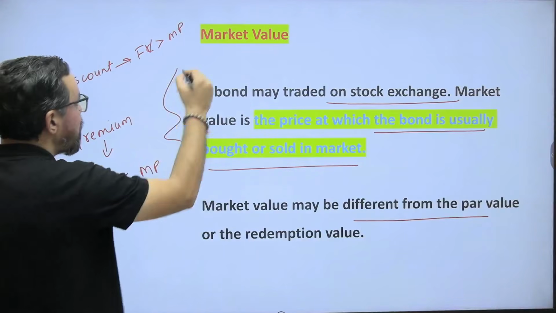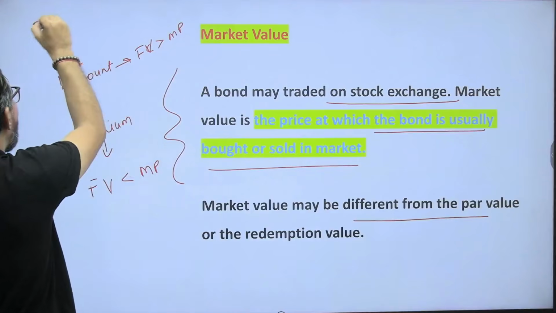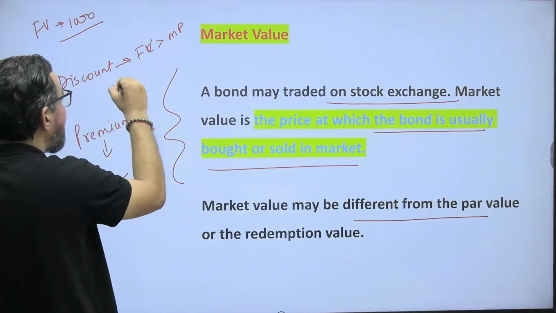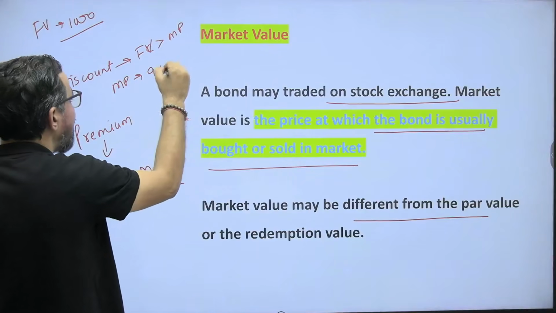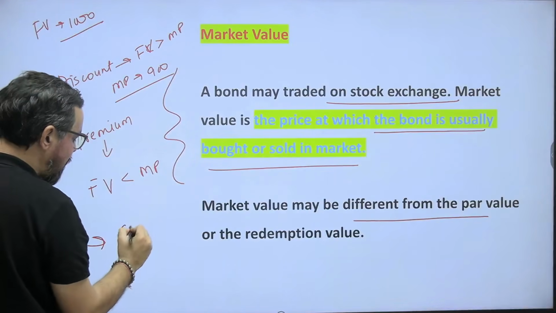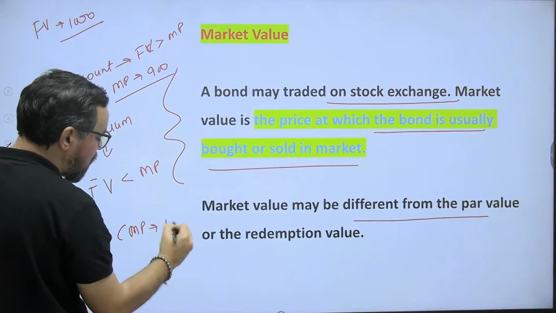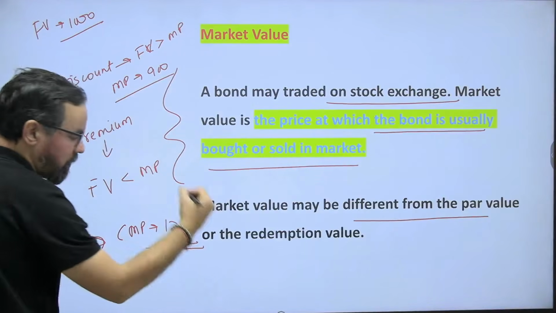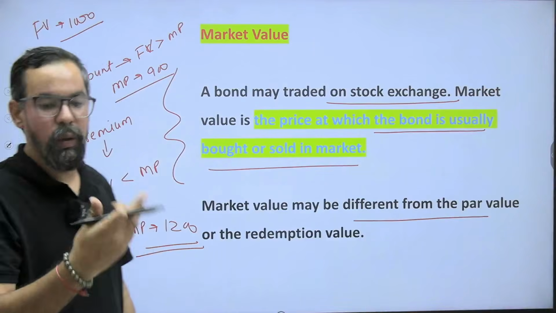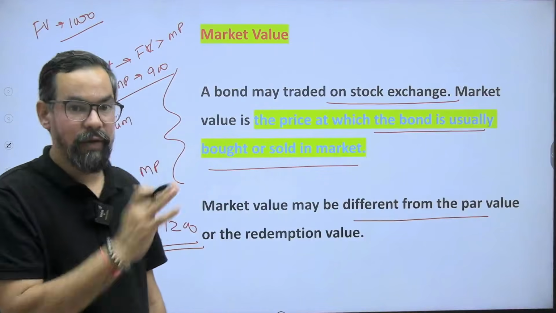Let's say the face value of a bond is 1000, and the bond is currently trading at a market price of, suppose, 900. So it is a case of discount. And premium is when the bond is currently trading at, let's say, 1200. So it's a case of premium. This understanding is very important. You'll see it when you calculate the current yield, and it will help you, right?